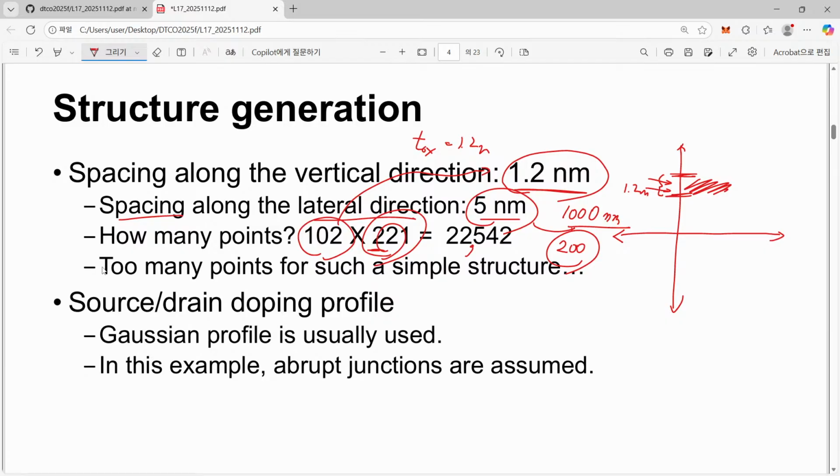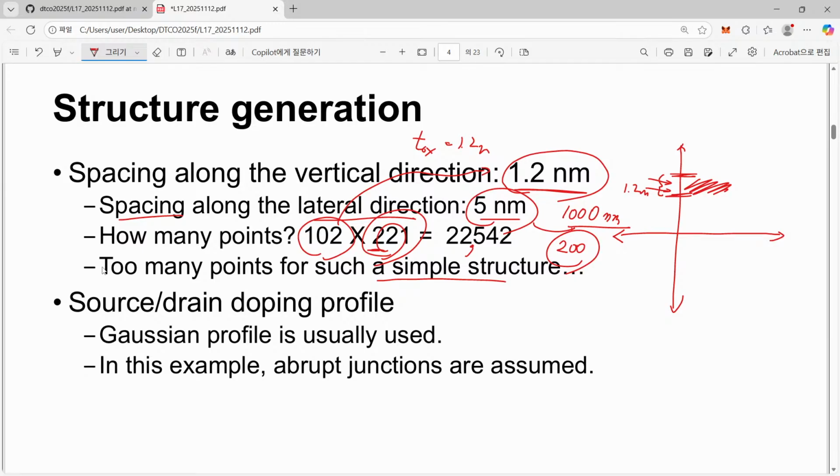Well, 22,000 points in the device simulation, is it enough or not? Nowadays we are simulating a much larger number of grid points in reality, because the structure itself is three-dimensional. But please note that this is a really simple, just two-dimensional structure. For that simple structure, spending 22,000 points is like a waste of our resources.